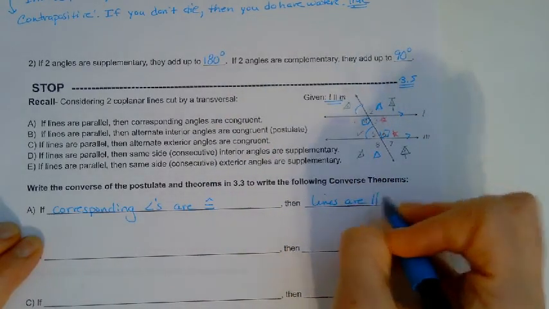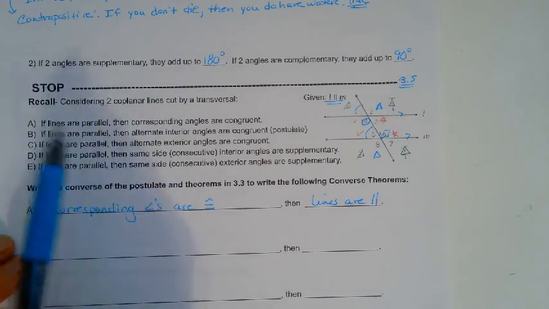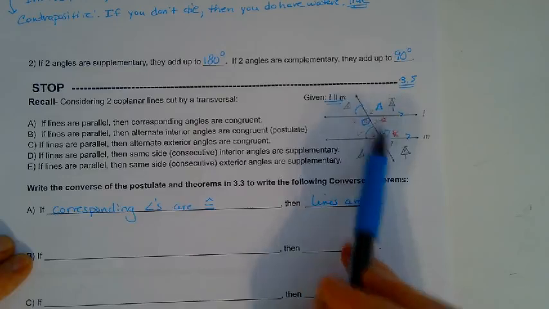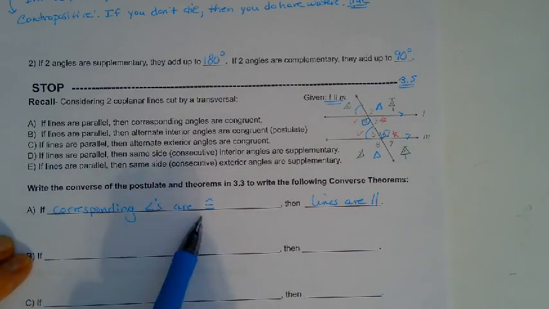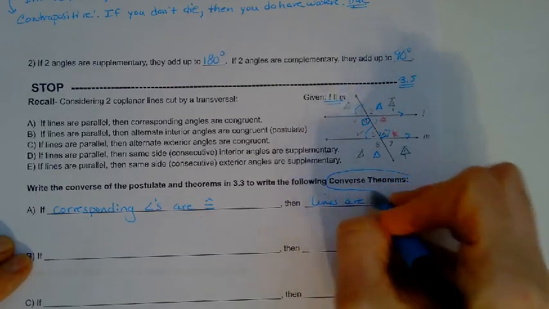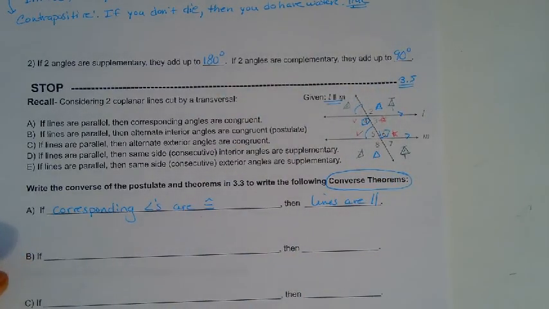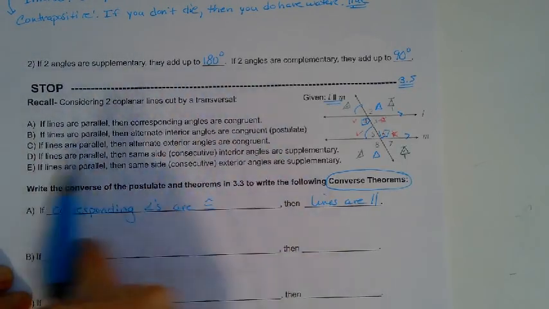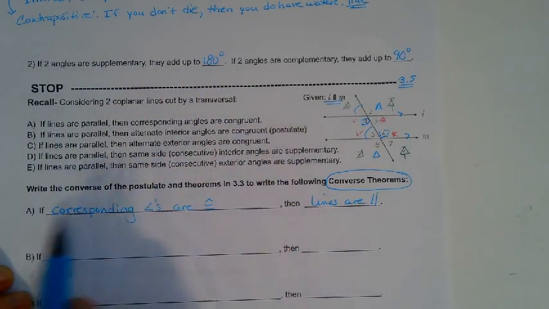So we're doing the opposite. If corresponding angles are congruent, then lines are parallel, and that's going to be a true statement. That's called the converse theorems, and they're also true. So the conditional is true. This original theorem, these are all true, and so is the converse.